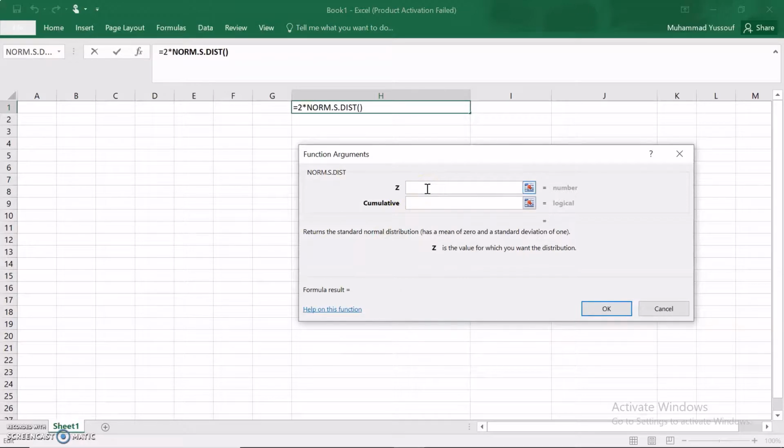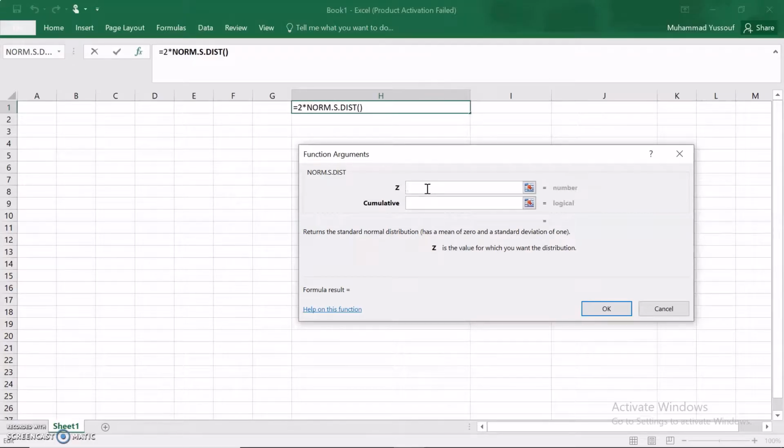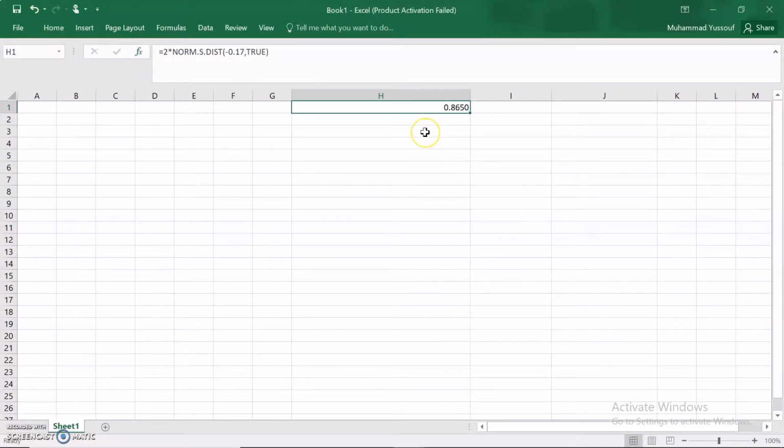The z value is minus 0.17, sorry for that. And it's asking, are you looking for the cumulative area? I say yes, I'm looking for the cumulative area. Now you multiply this by 2, and you hit OK, and here's the area.